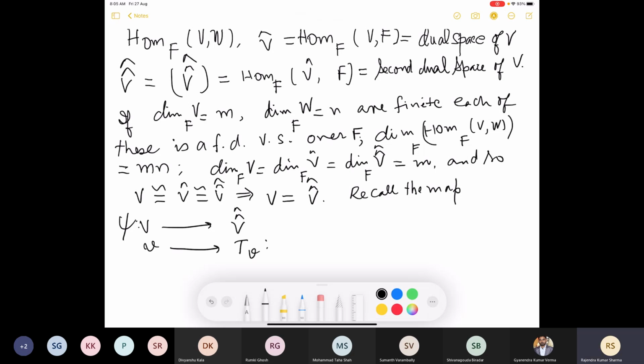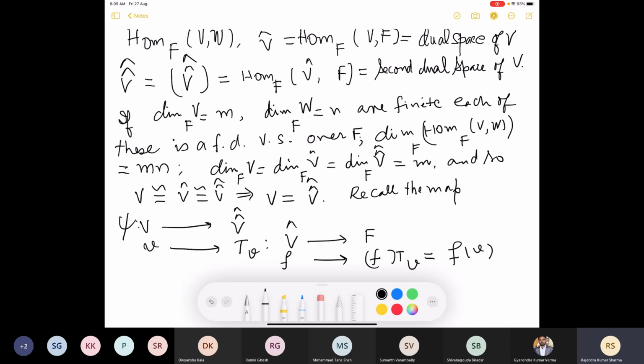Now Tv here is a map V hat to F. So V hat consists of homomorphisms of V into F, let us say f, and this goes to f of Tv, and this we have defined, Tv(f) is f(v).